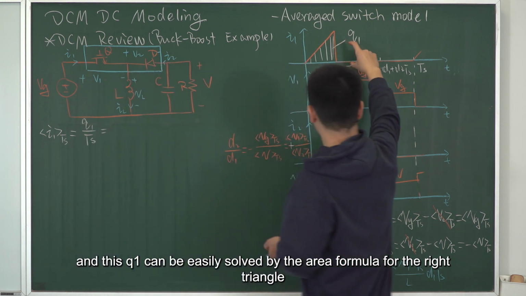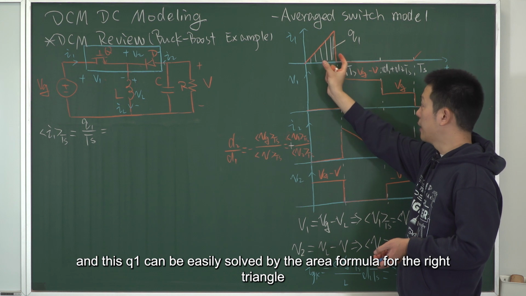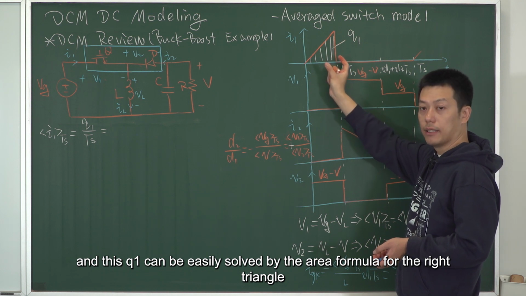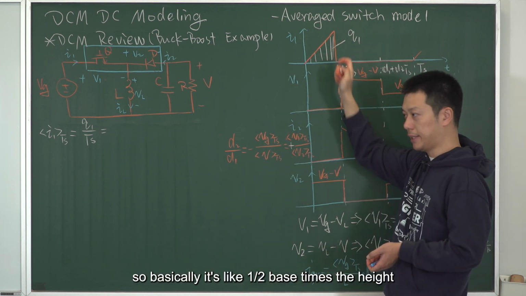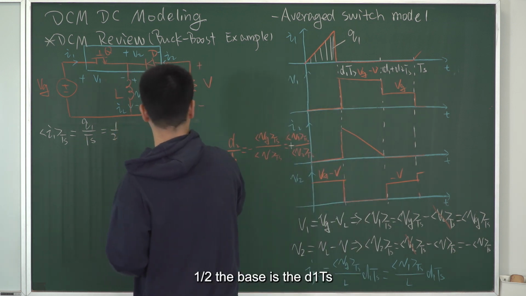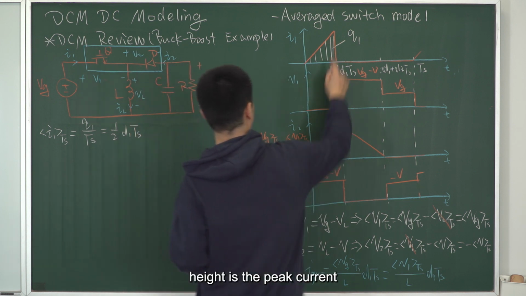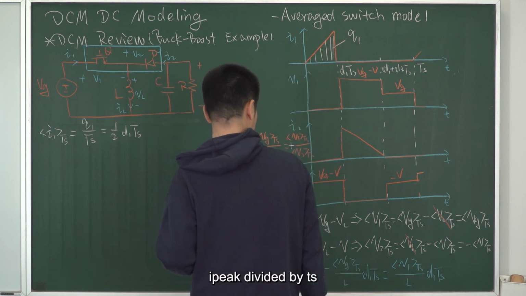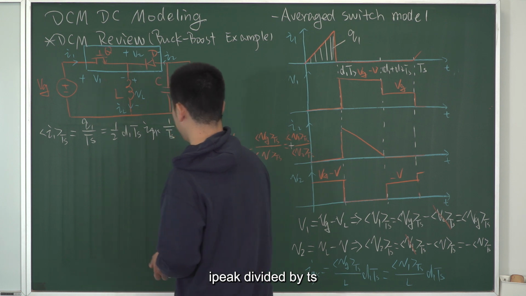And this Q1 can be easily solved by the area formula for the right-angled triangle, right? It's 1 over 2 base times height. The base is D1 TS, and the height is the peak current, I peak, divided by TS.